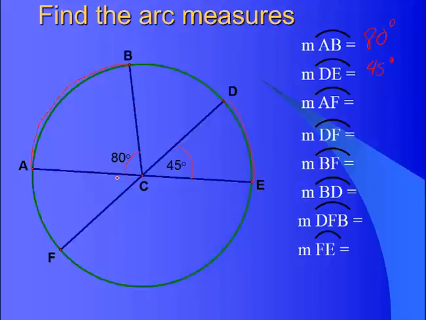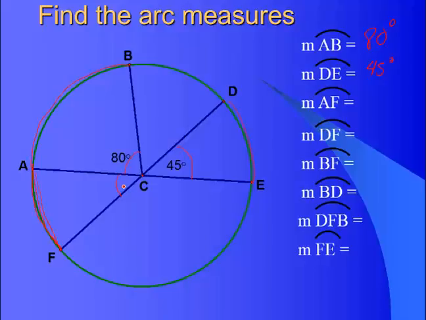AF. How are we going to find this arc right here? Well, we have to know the angle measure. We don't know the angle measure. So then you have to ask yourself, how am I going to find the angle measure? There's got to be a way or they wouldn't ask the question. So don't just sit there and go, I don't know, and walk away from it, because you do know. You just have to think about it.